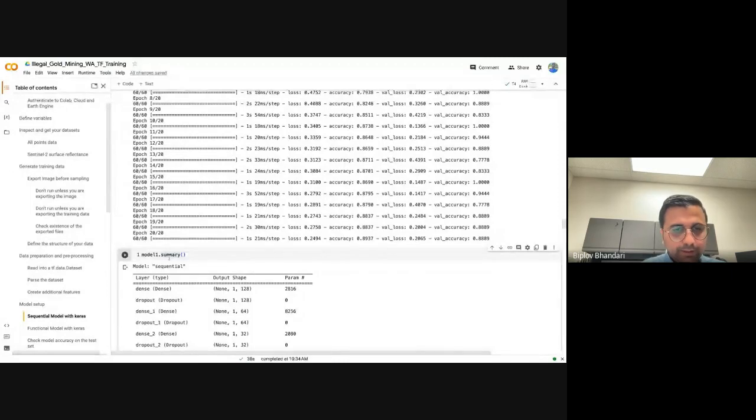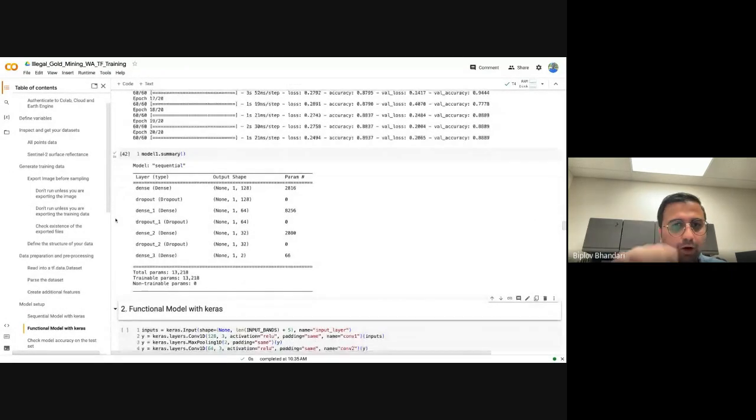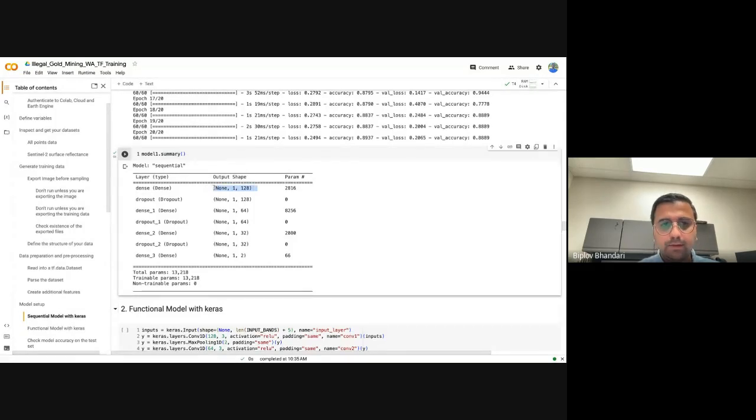Next, we can run this dot summary method on that model, and it will tell you how your model actually looks like. So we had the first dense layer, and this is sort of the input shape that's been provided. So we had 128 neurons. Remember, this was a 1D data set. And then this None is the batch of data.